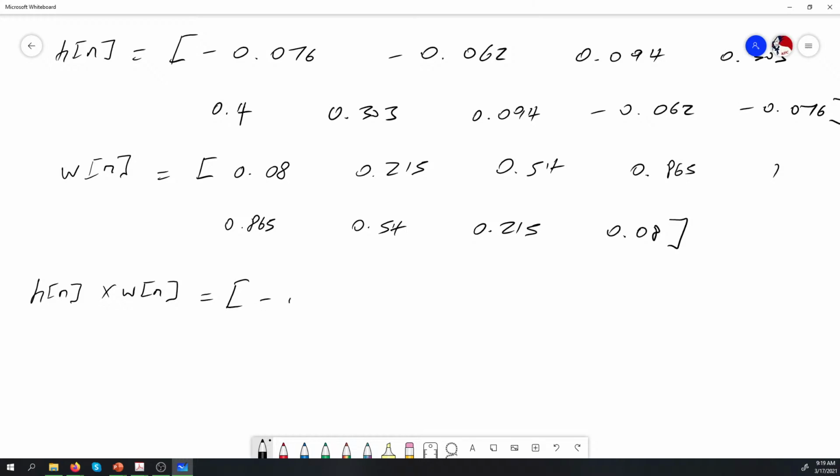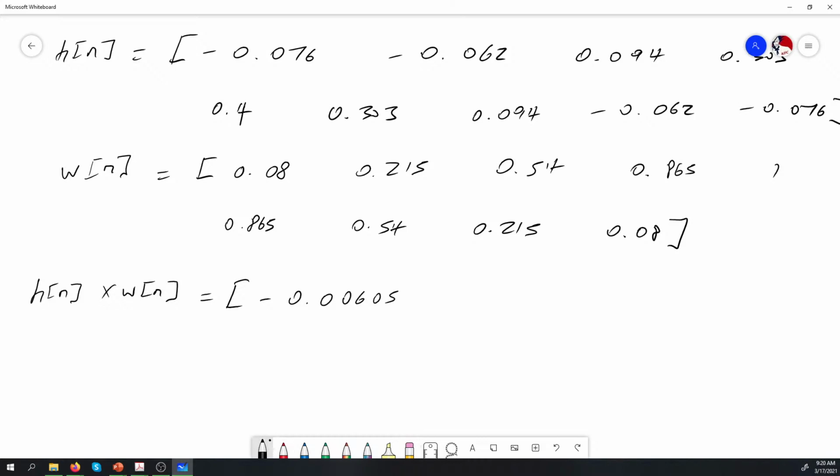This is going to be negative 0.006054. I'm going to write this out in full form using our answers, but you're free to put these down in 3 decimal places or 3 significant figures. In most cases, significant figures will be better to use.